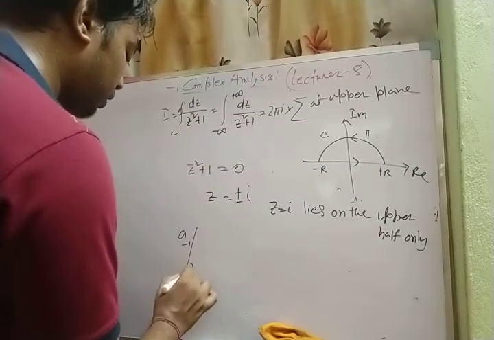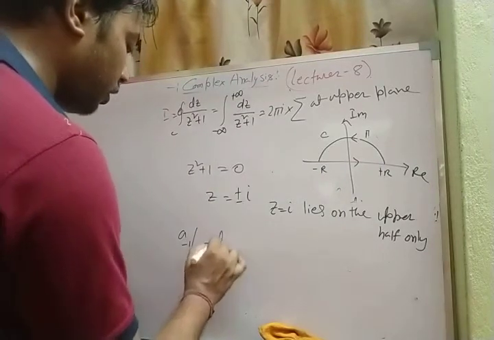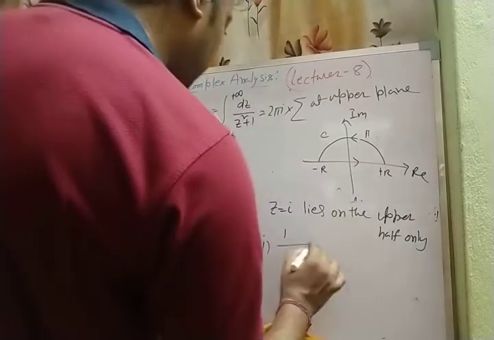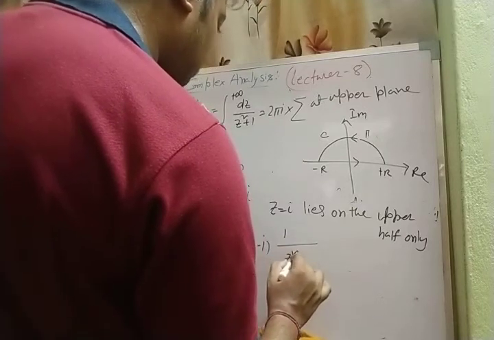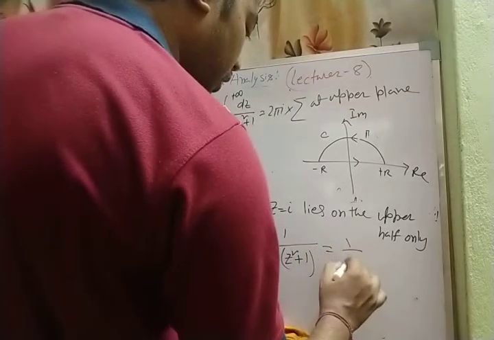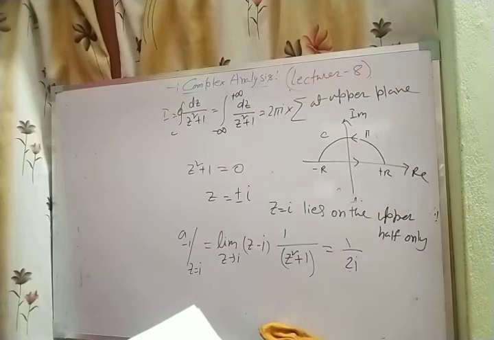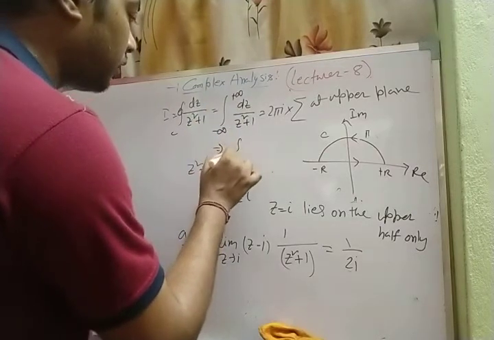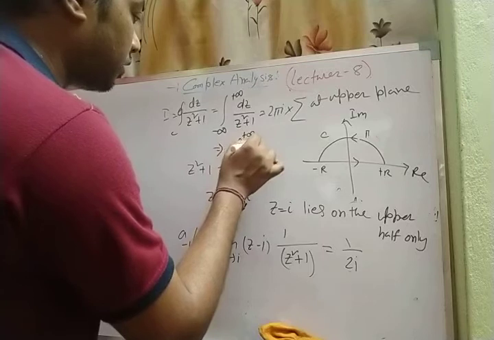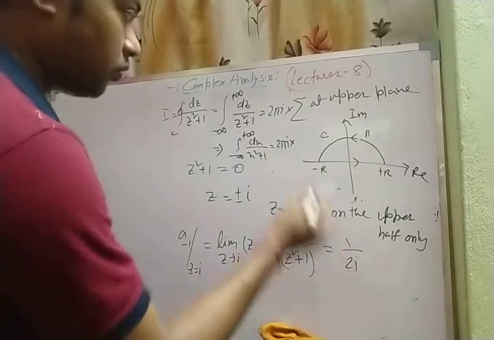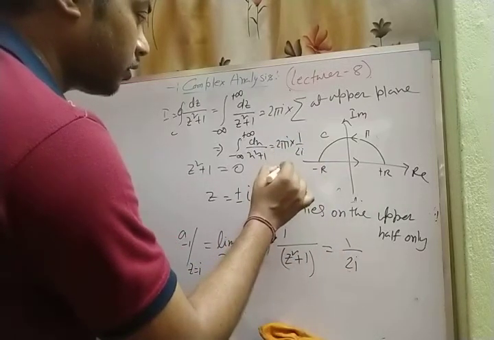So the residue at z equals i is limit z tends to i, z minus i by 1 by z square plus 1. By putting this limit, we can calculate that this gives 1 by 2i. Therefore this integration, minus infinity to plus infinity dx by x square plus 1, is equal to 2 pi i into 1 by 2i. This gives pi only.